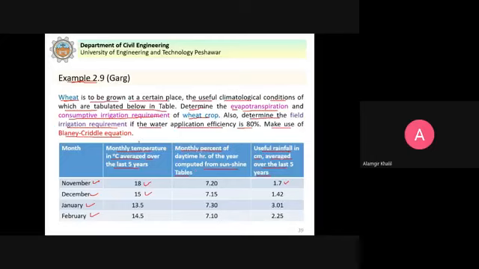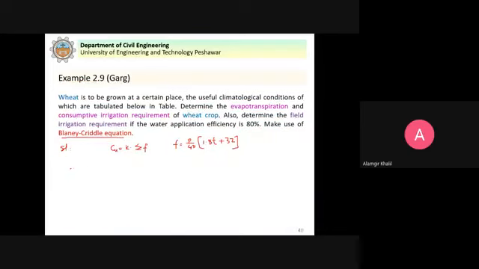This is the temperature and this is the P. So we can write down November, December, January, and February here.